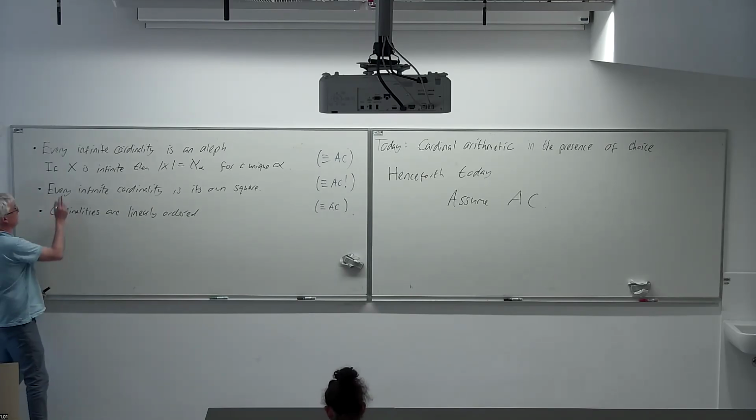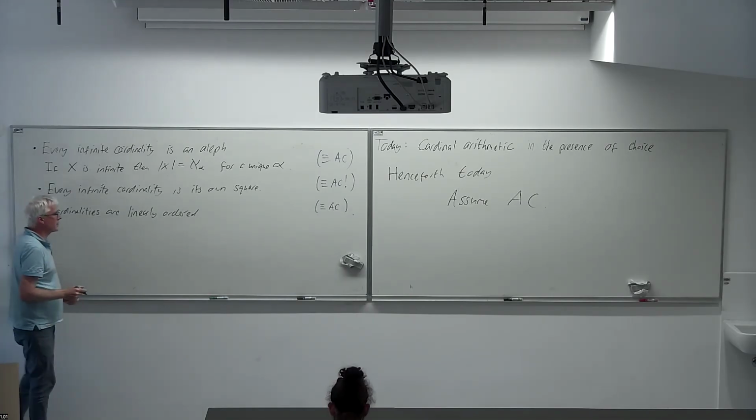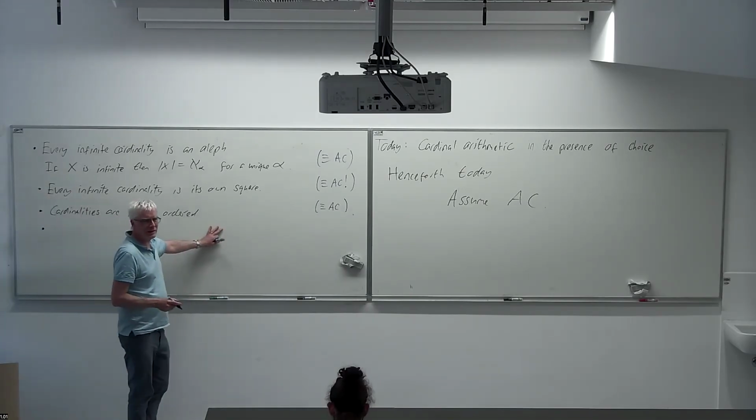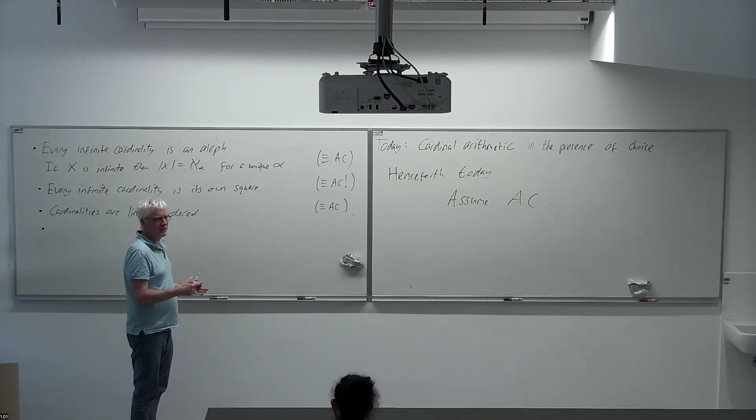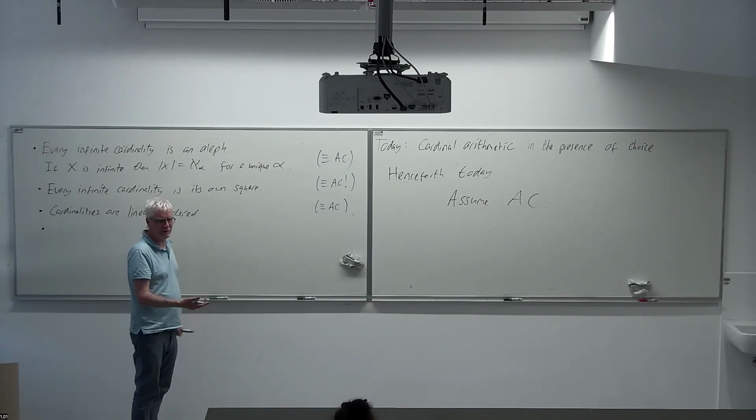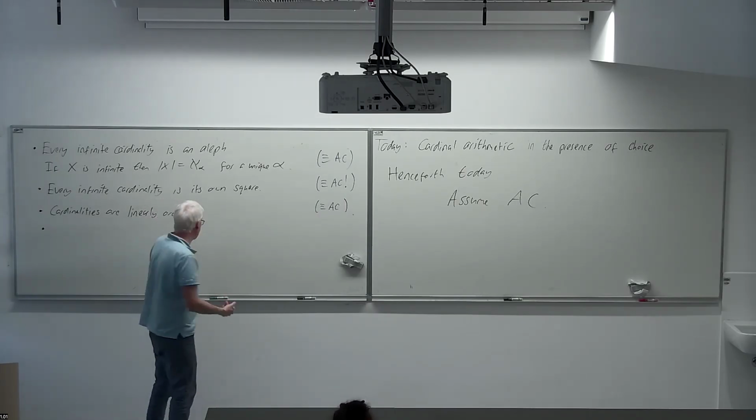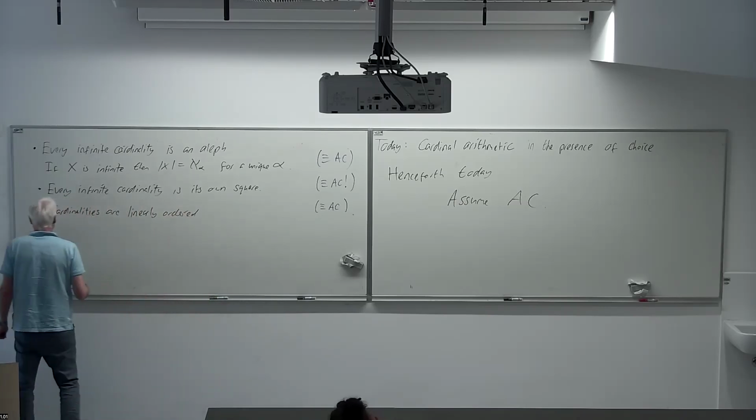And the fourth point is that we have this subtle distinction between a cardinality being strictly below another cardinality in the order and a cardinality being very strictly below another. And if you have the axiom of choice, that distinction disappears. Strictly below is the same as being very strictly below. So we don't need to worry about this very strictly below concept.